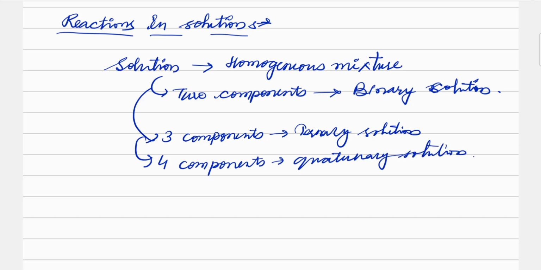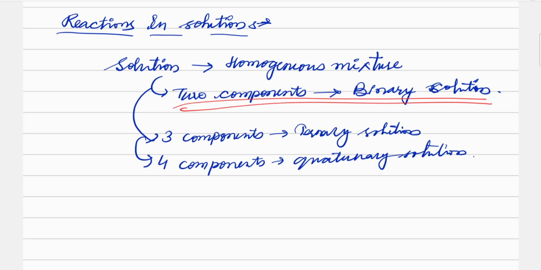So solutions can be of different types depending upon the number of components in them. In our syllabus, mainly binary solutions are there, so we are going to talk about them only.